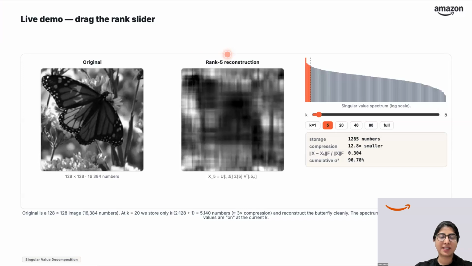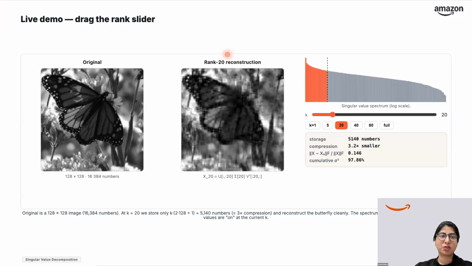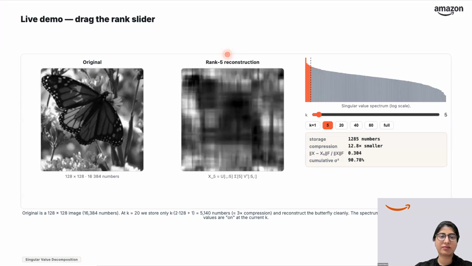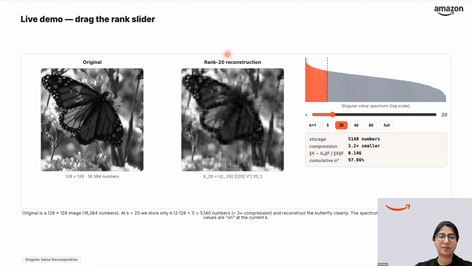And then we have how much information is captured by these singular values. If you see, the error is high for a lower K, and we have around 90% cumulative singular values. But as we keep increasing this K, the reconstruction error decreases and we have more information in this image.